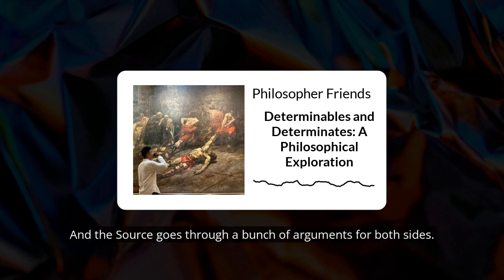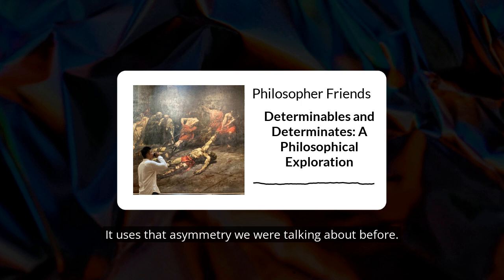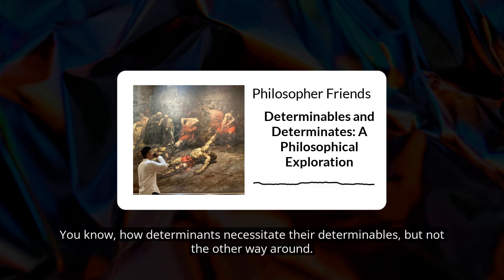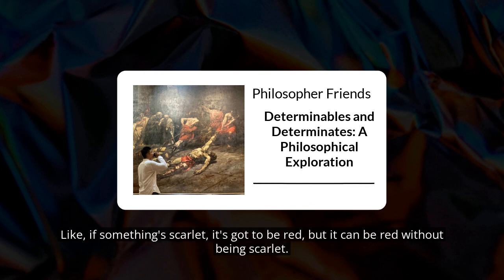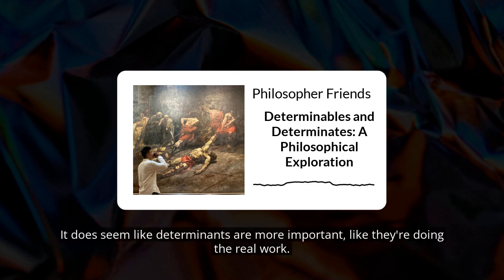That's it. And the source goes through a bunch of arguments for both sides. One argument for determinants being more fundamental uses that asymmetry we were talking about before: determinants necessitate their determinables, but not the other way around. Like if something's scarlet, it's got to be red, but it can be red without being scarlet. Right, that one-way guarantee. It does seem like determinants are more important, like they're doing the real work.